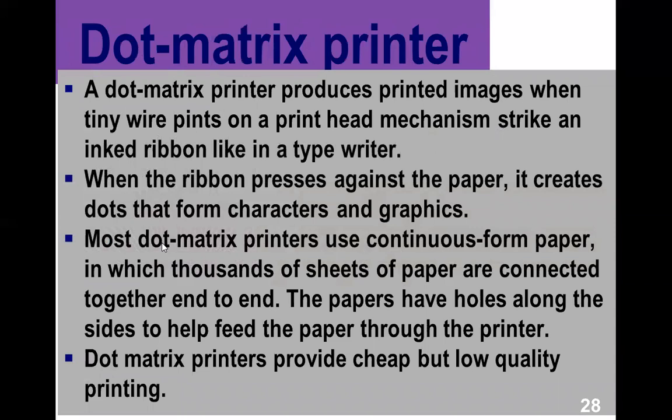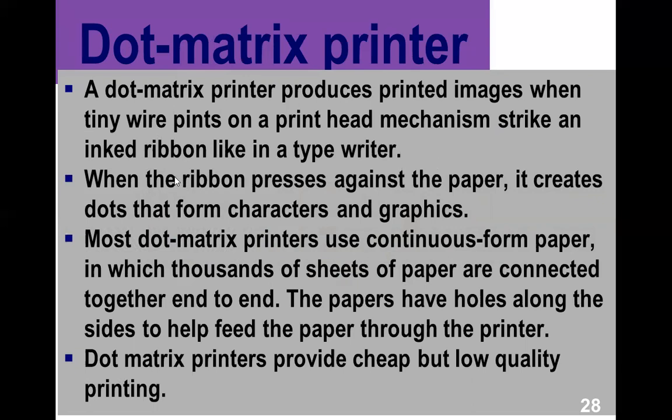Now, after looking at the daisy wheel, we have another printer under the category of impact printers: the dot matrix printer. A dot matrix printer produces printed images when tiny wire pins on the print head mechanism strike an ink ribbon like a typewriter.